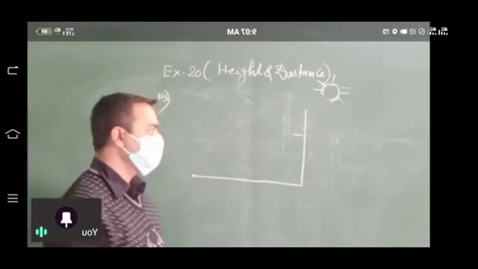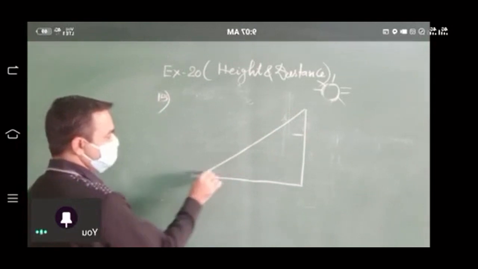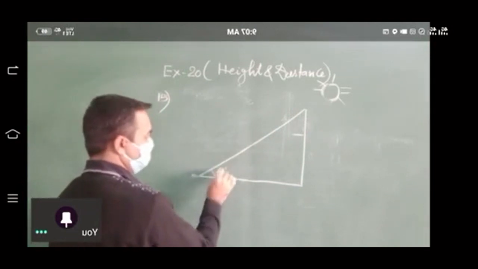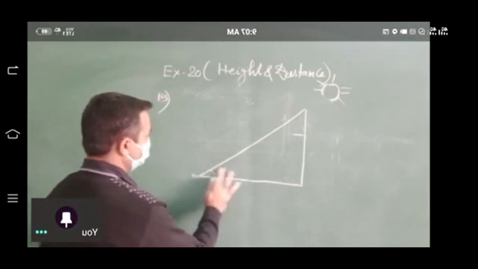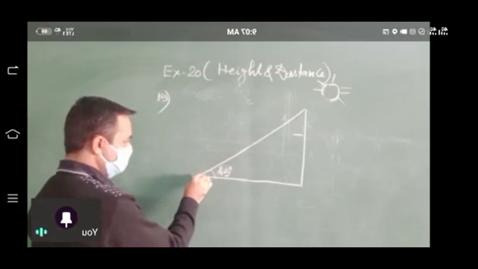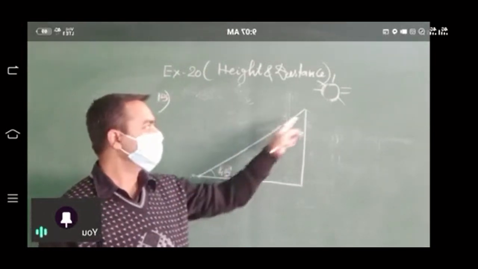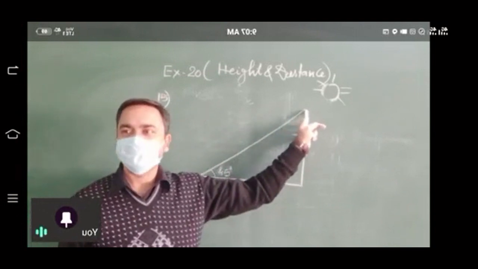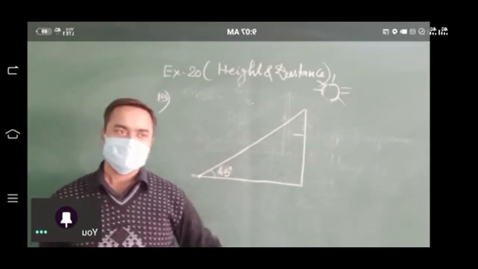What is the angle made at the eye of that man? 45 degree is given. 45 degree means if the observer's eye is here and he is observing the top of the tower, then the angle made at his eye is 45 degree.